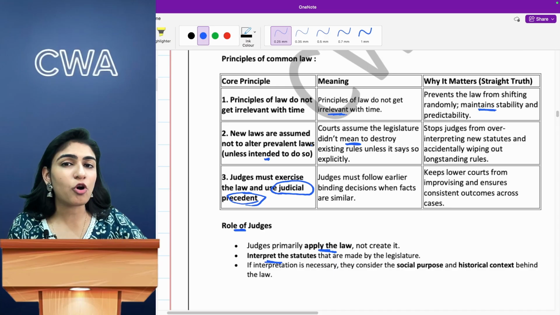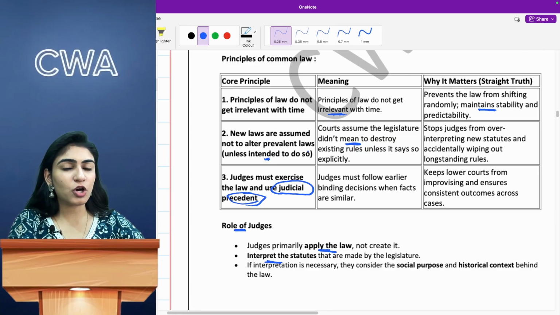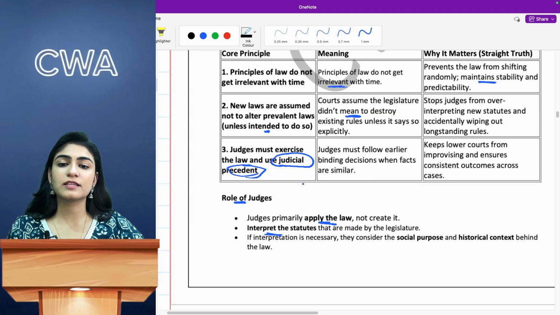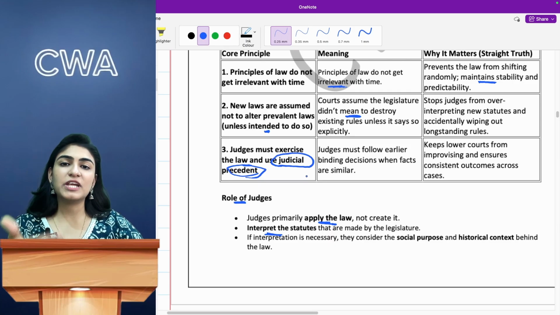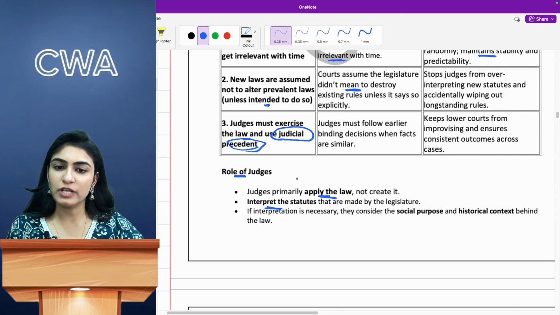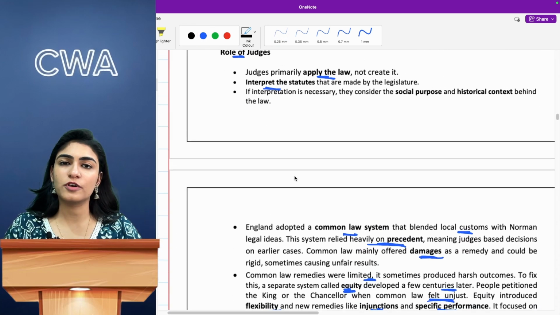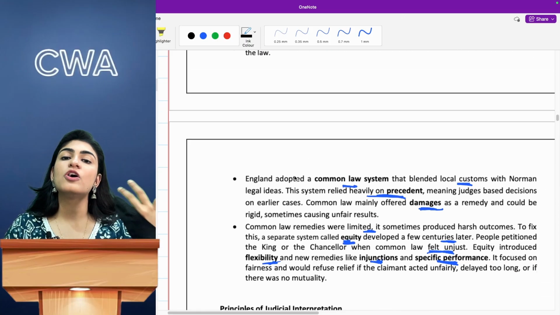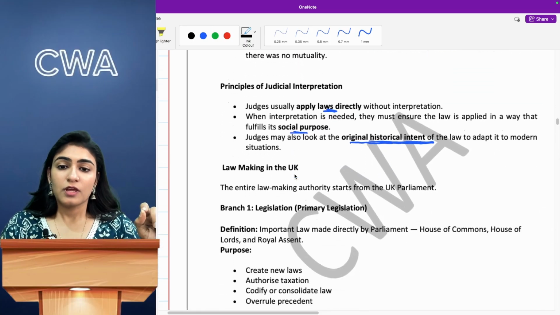Just because a new law is made, that doesn't mean it has destroyed the old law, and they use judicial precedent, which we will be discussing in either today's lecture or tomorrow's revision lecture. Usually in common law, the role of judges is to apply the law and sometimes even to interpret the law.